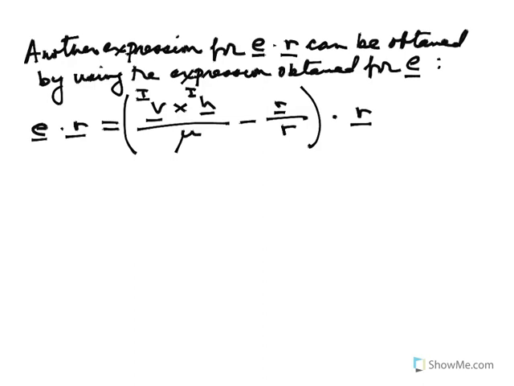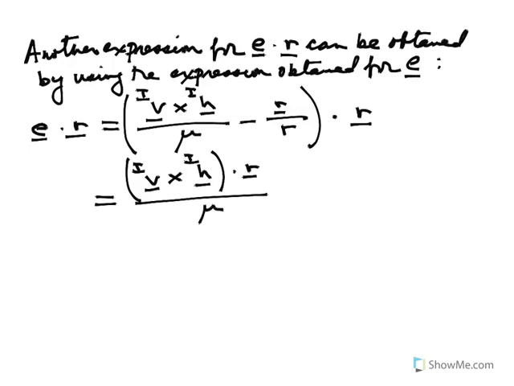So let's break this up into pieces. And if we do that, we get VI crossed with HI, the whole thing dotted with R, all divided by mu, minus R dotted with R, all divided by R. But the second term here, R dotted with R, is just R squared.